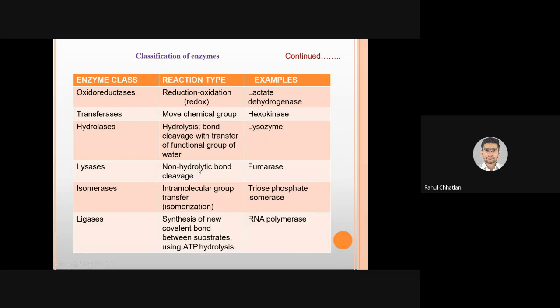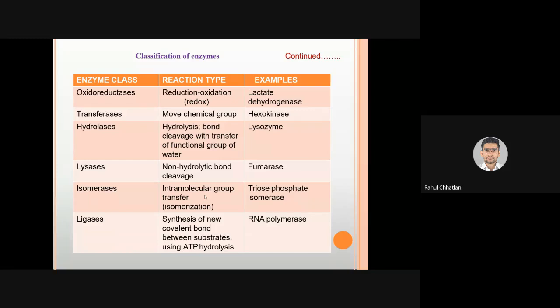Lyase, non-hydrolytic bond cleavage, so it will break non-hydrolytic bonds. Example is fumarase. Isomerase, as the name suggests, intramolecular group transfer, isomerization. Yes, we know what isomerization is. Mirror image, enantiomers, all these things that we saw in proteins and also in carbohydrates.